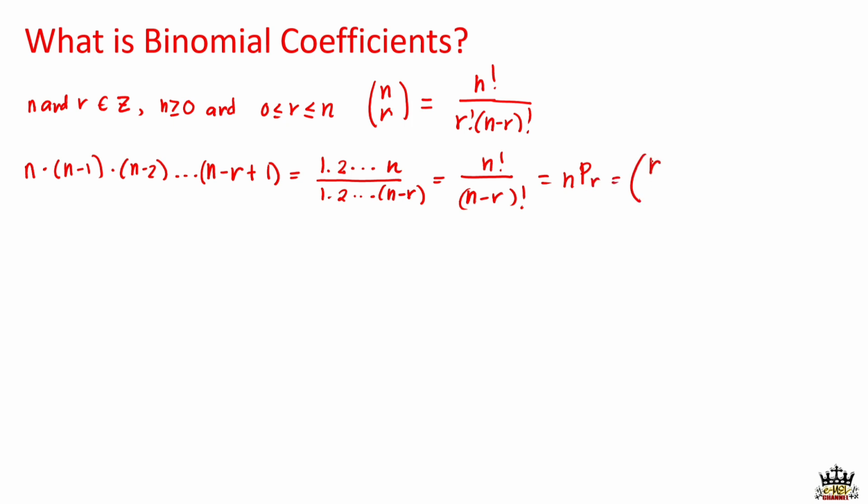So this is n objects taken r at a time, where the order is very important.